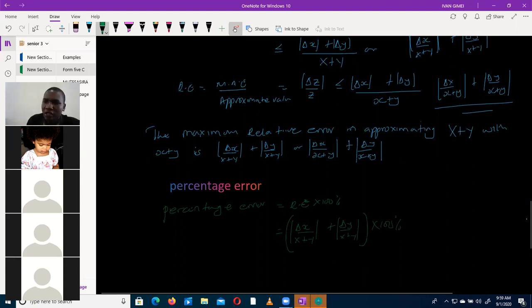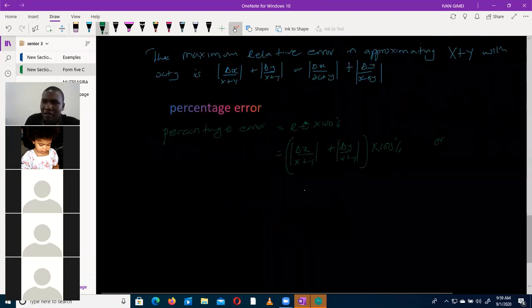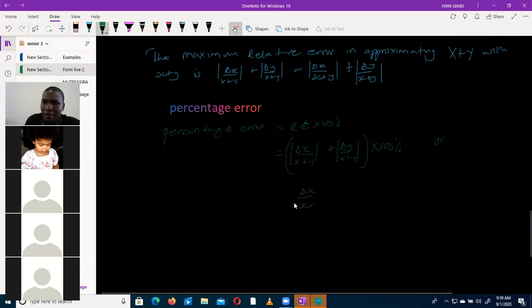Or you can say it is dx out of x plus y modulus plus dy out of x plus y modulus. All of this, if you multiply by 100%, it gives us percentage error.